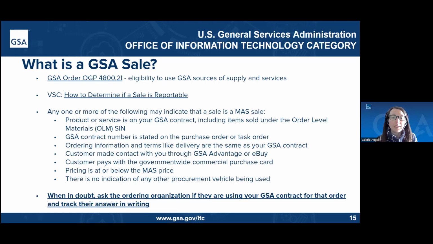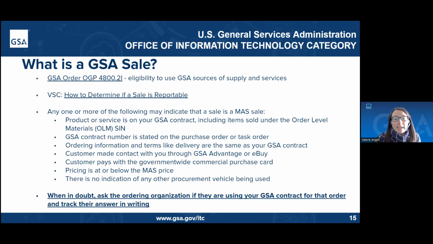Now, the second bullet here has a helpful link to a vendor support center page, or VSC page, that can help you determine if a sale is reportable. And here's some more information from that. Any one or more of the following may indicate that a sale is a MAS sale. So the sale does not have to meet all of these criteria, but it may just help.